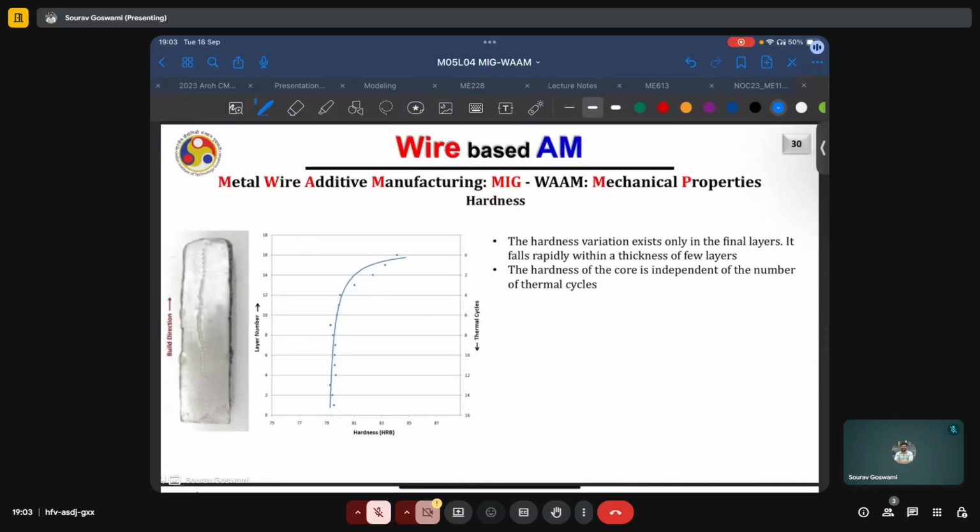Now, what about the variation in mechanical properties as we move along the build height of a part? On the left here we have a plot which shows the variation in hardness. As we keep going towards the top layers, the left axis indicates layer number. We see that there is an increase in hardness.